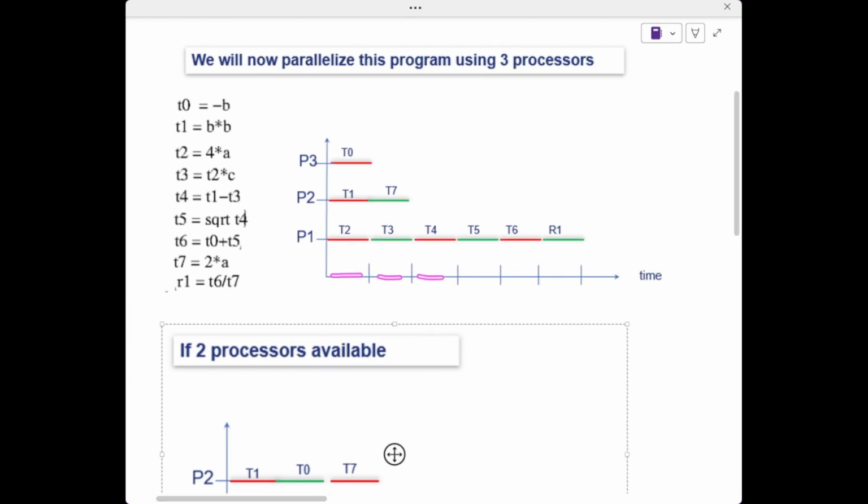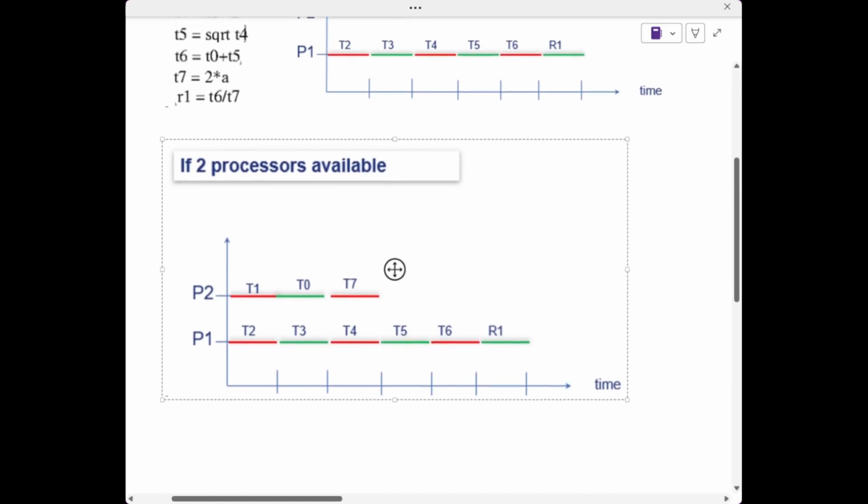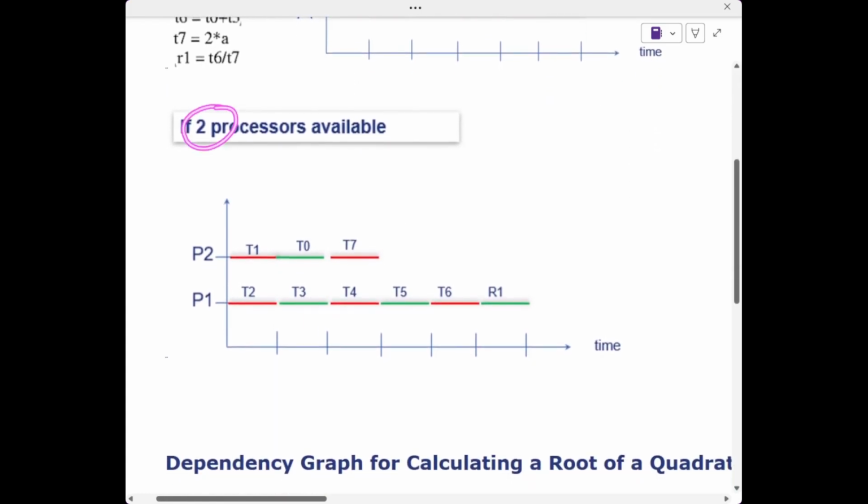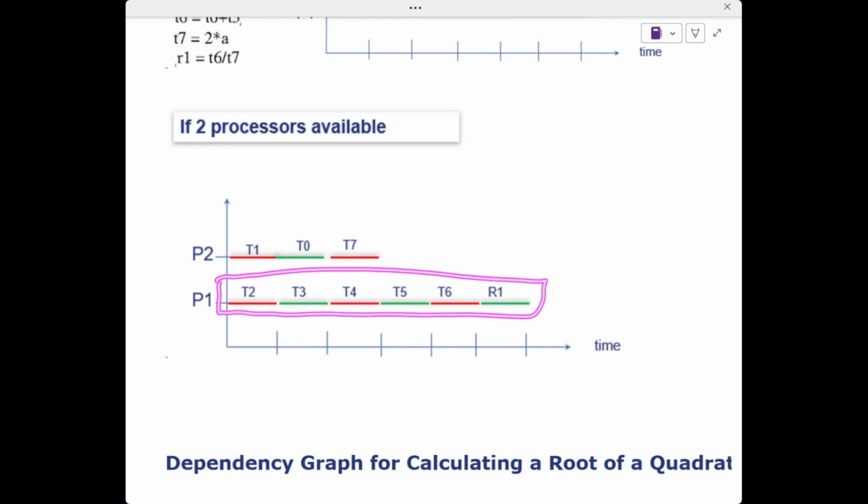Again 1 2 3 4 5 6, it is 6 units of time. If we use only 2 processors, 1 2 3 4 5 6, units of time. So 2 processors and 4 processors gave the same time, so it is a waste to add more processors because the length of the depth is controlling us.